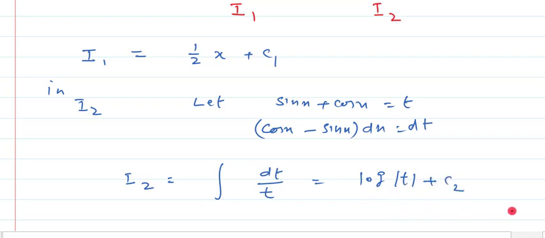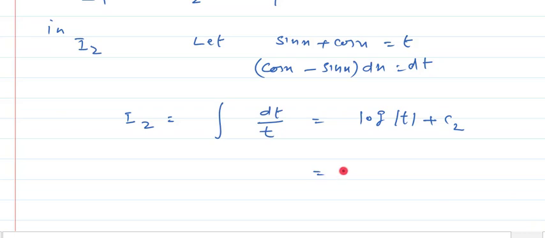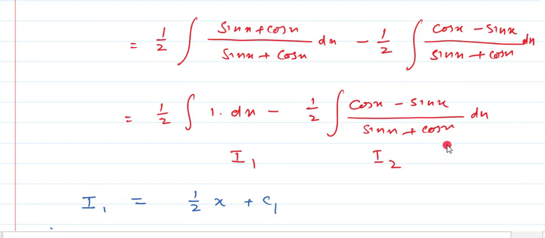Now put the value of t over here again. It is log of sin x plus cos x plus c2. So now putting these two values of I1 and I2 over here, you can find out very easily the integration of the given function.